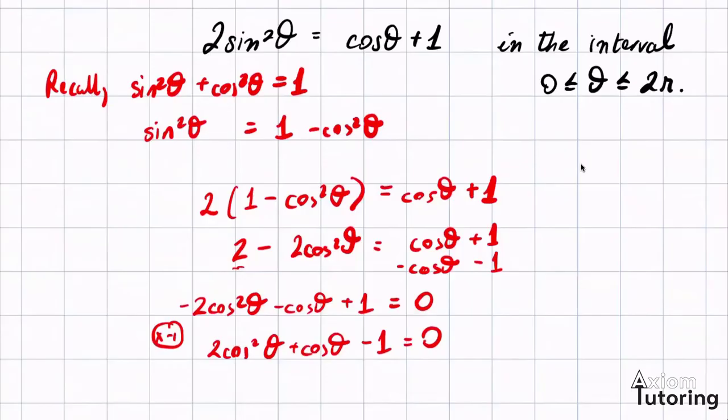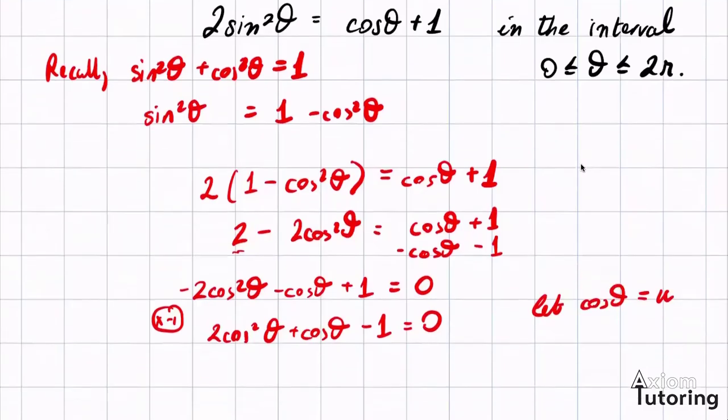It might be easier to see if we let cos theta equals u. So if we do that, then we get 2u squared plus u minus 1 equals 0. And so now we have the form of a quadratic equation. Okay, so this is a quadratic we can solve.